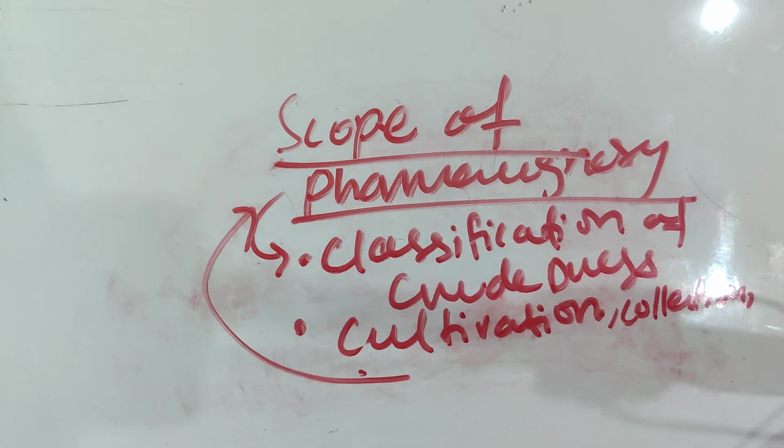So first of all, it's used in classification of crude drugs. Second, it is used in cultivation, collection, drying, storage, preservation and evaluation of crude drugs.